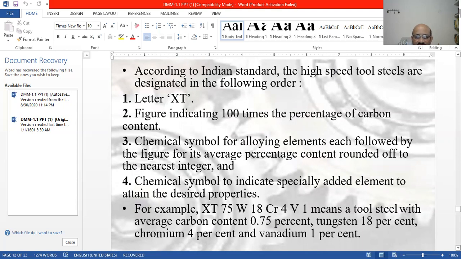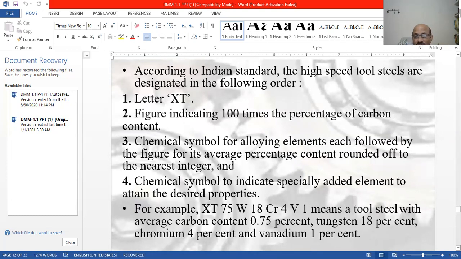Again, we will see this in the designation. For example, you take XT75W18Cr4V1, which means the tool steel has carbon content of 0.75%, tungsten 18%, chromium 4%, and vanadium 1%. So like this, we denote with the letters XT, then 100 times the percentage of carbon, mentioned first.